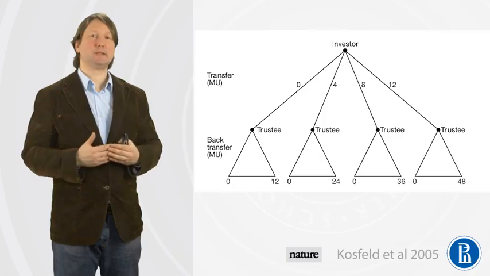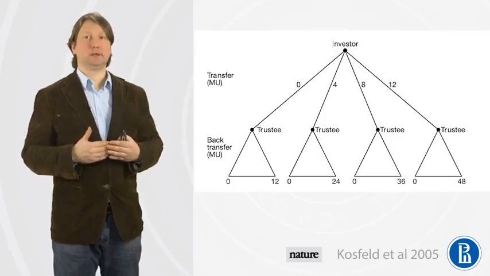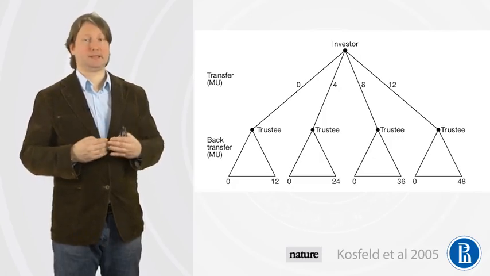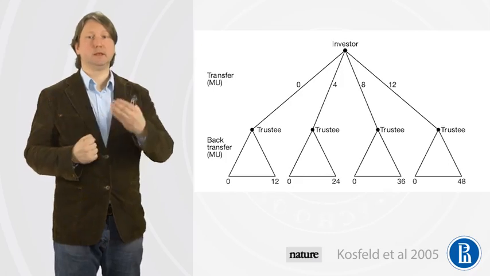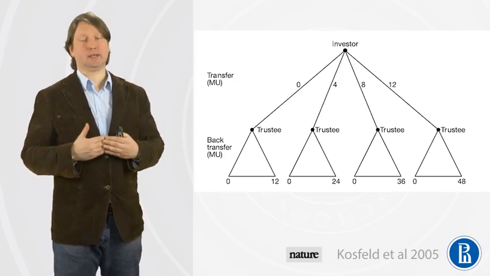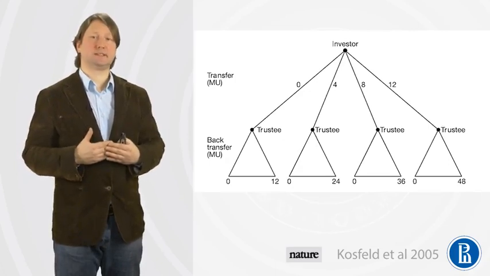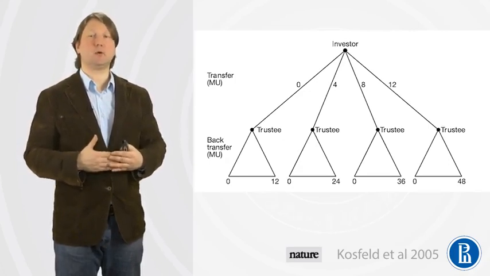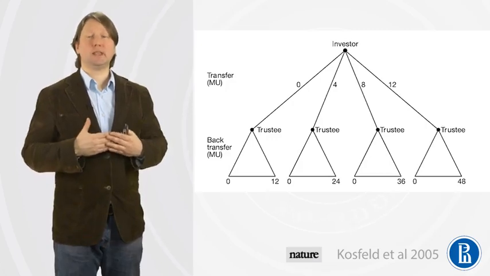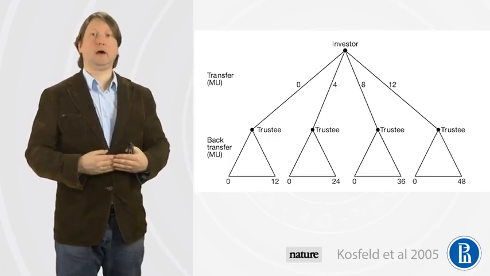And the trustee can decide how to split the amount of money this person has at the end of the trial. So at the end, this person can have 12 monetary units if she doesn't get any investment from the investor, or 24, 36, or 48 monetary units. And the investor has to trust the trustee, because the trustee can keep all the money. So it's an interesting paradigm that allows us to investigate trust of people.